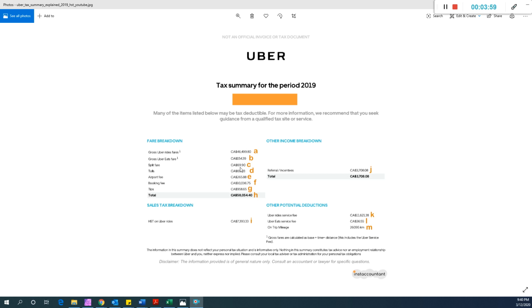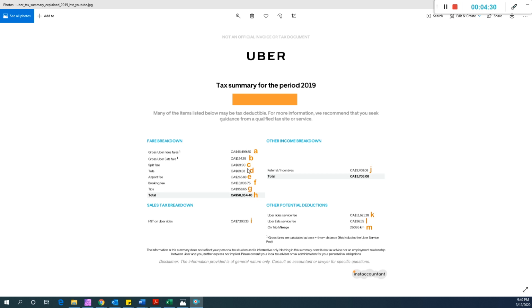Uber has provided the riders the facility to split the fare amongst themselves. Uber charges, I think, 25 or 30 cents per transaction. That is something Uber charges on behalf of the driver, and then takes that money back from the driver before paying the weekly payout.